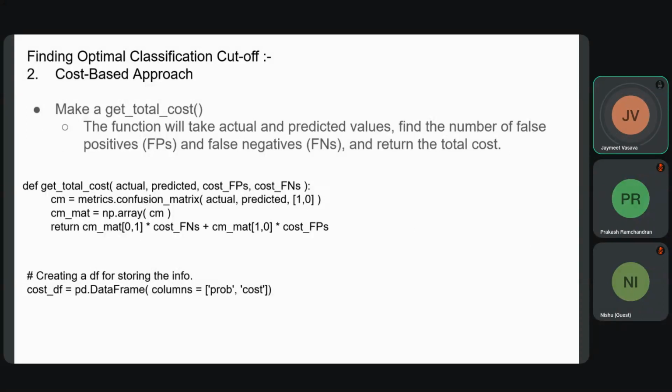Then using the confusion matrix as an NP array and passing CM into it, and then returning the formula that we have discussed before as a result, and creating a data frame for storing the information that we got.